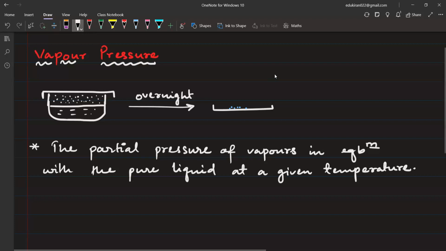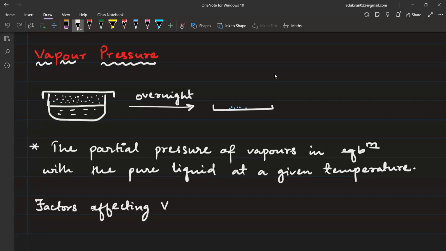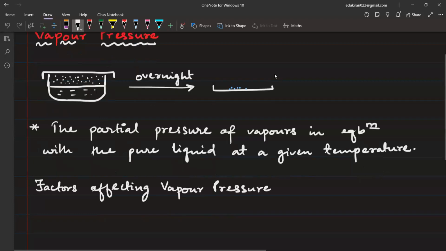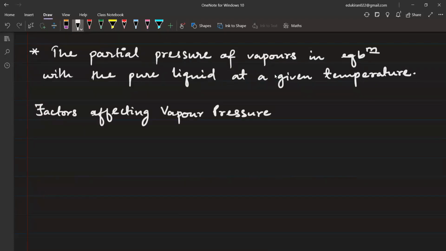Now, write factors affecting vapor pressure. First of all, we have the nature of liquid.